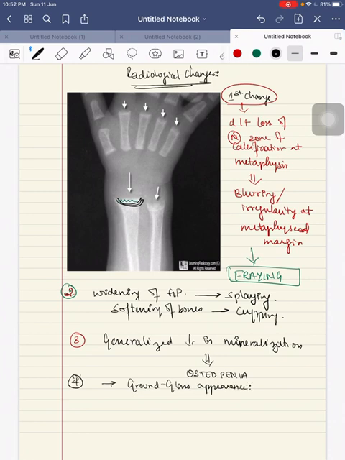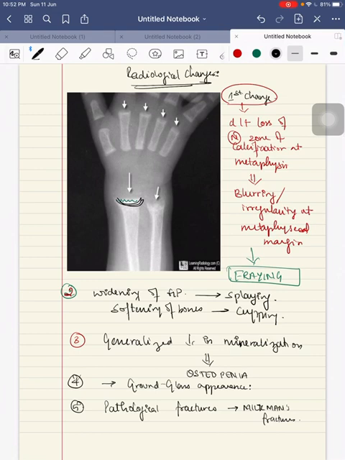Fifth, when there is an extreme deficiency, it leads to pathological fractures. And the Looser zone is called as milkman's fracture. Okay, so this is about the findings that you see in the X-ray of a child with rickets.